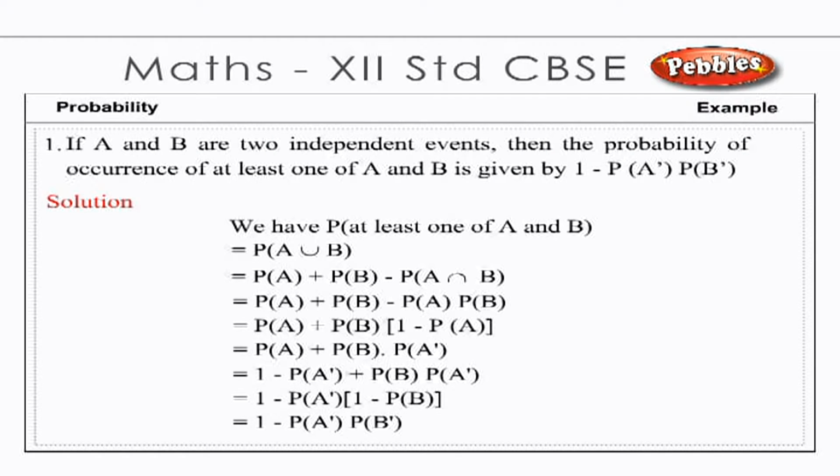Solution: we have P of at least one of A and B equal to P of A union B, equal to P of A plus P of B minus P of A intersection B, equal to P of A plus P of B minus P of A into P of B, equal to P of A plus P of B into 1 minus P of A, equal to P of A plus P of B into P of A dash, equal to 1 minus P of A dash plus P of B into P of A dash, equal to 1 minus P of A dash into 1 minus P of B, equal to 1 minus P of A dash into P of B dash.